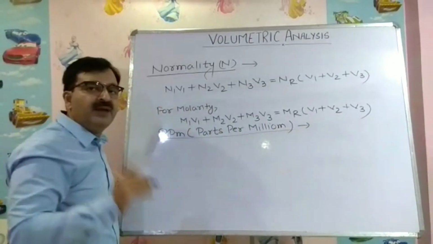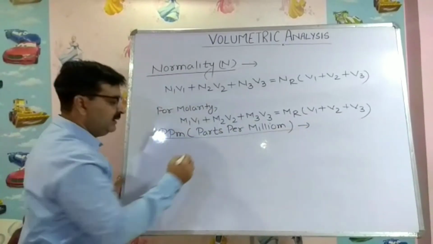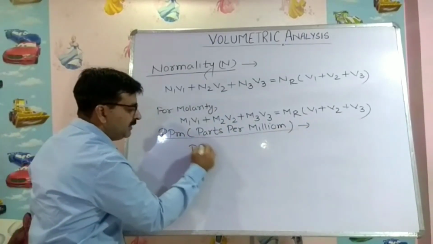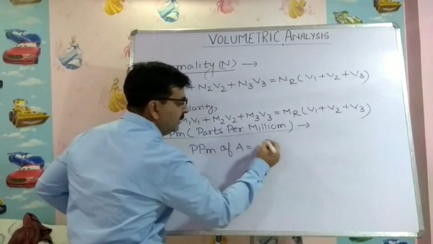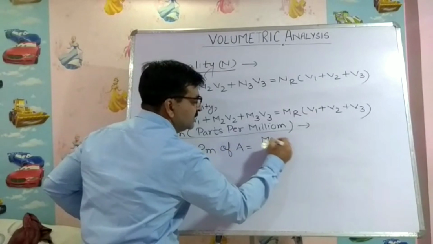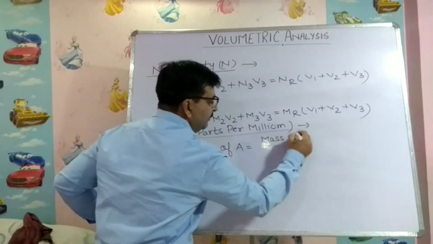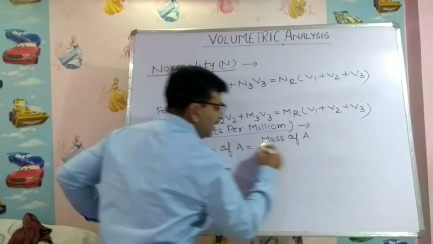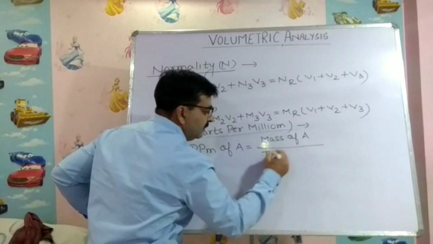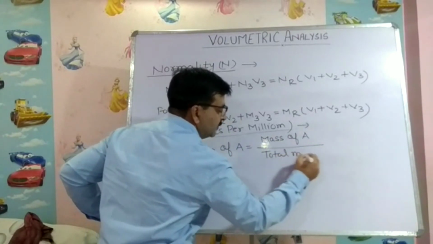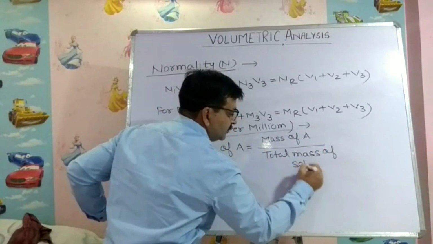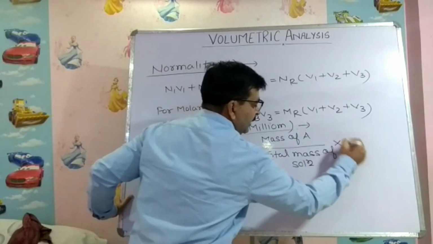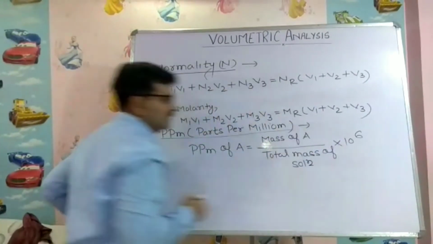If a component A is present, then ppm of A is equal to mass of component A divided by total mass of solution into 10 to the power 6.